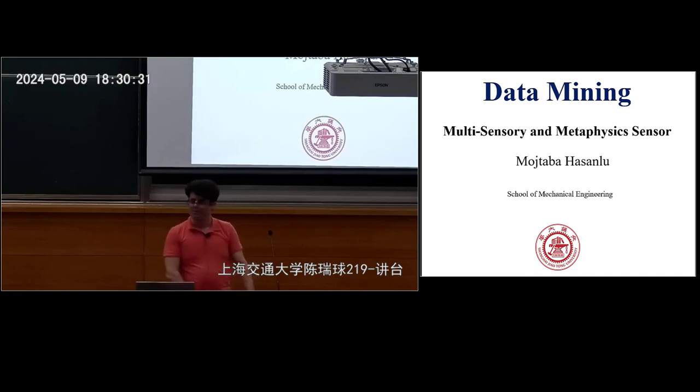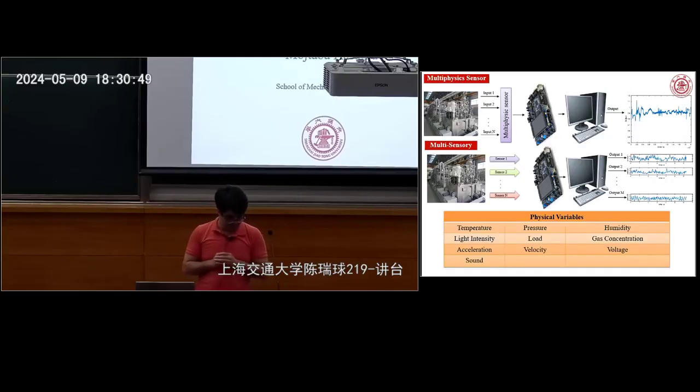Before data mining, we have to create a layout for gathering data with some approaches. All in all, there are two types of data sampling, with multisensors or single sensors.